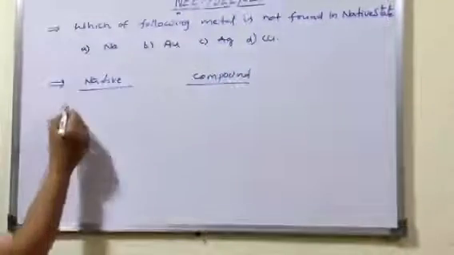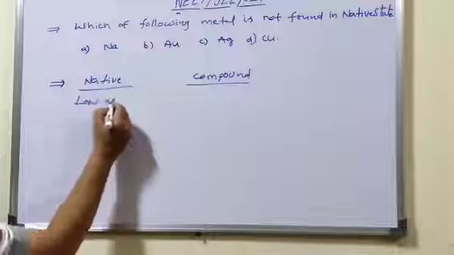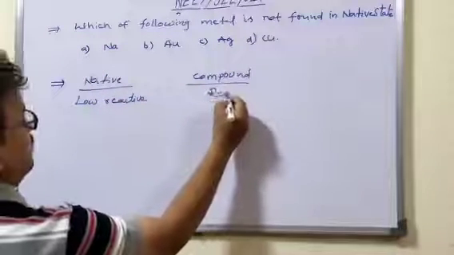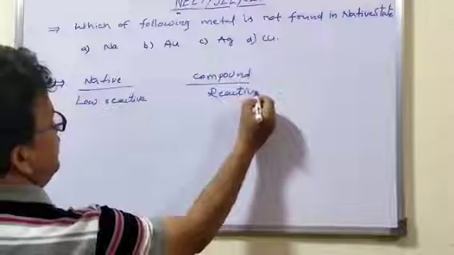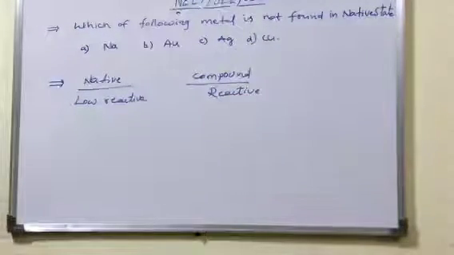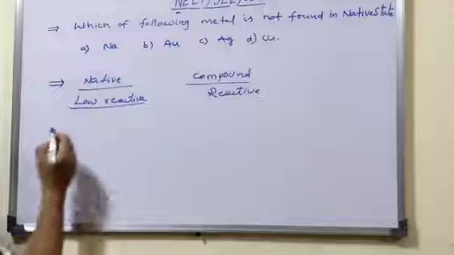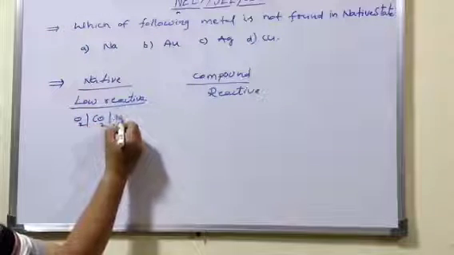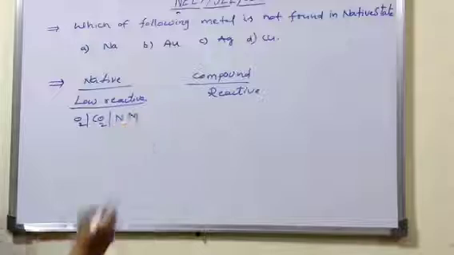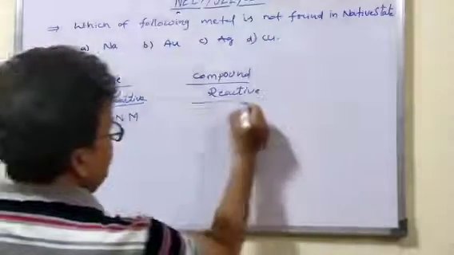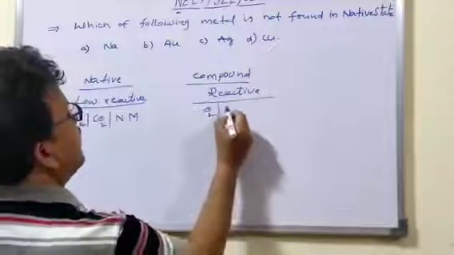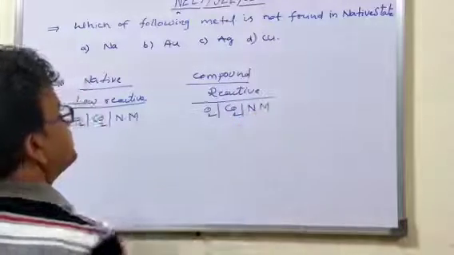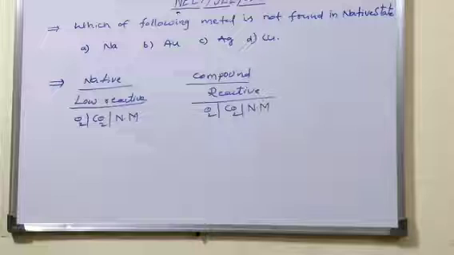Native form means which are low reactive, and compound form means which are reactive. Low reactive means these are not affected by oxygen, carbon dioxide or non-metals, but the reactive ones are ready to react with oxygen or carbon dioxide or with non-metals. So this is low reactivity.